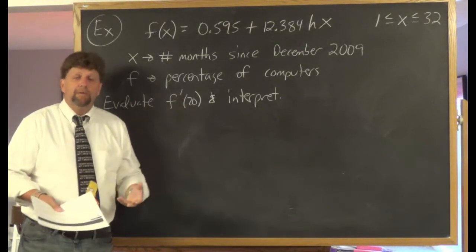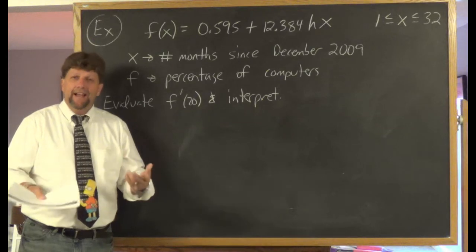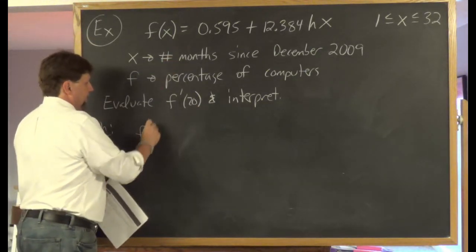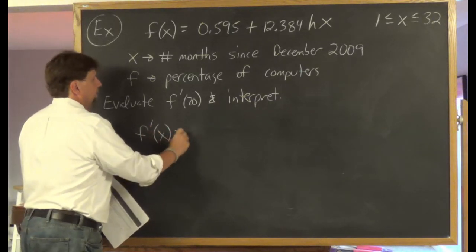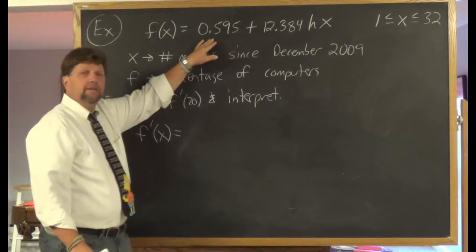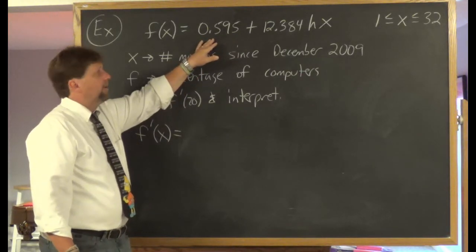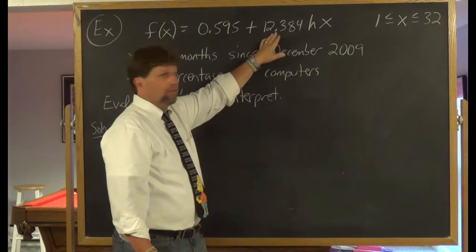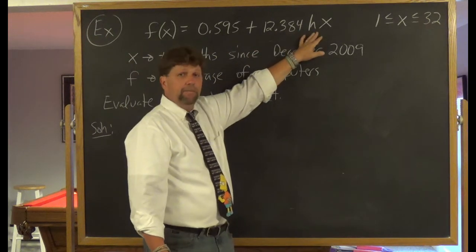Well, in order to do f prime of 20, we first need to get f prime of x. So you look at your function and you need to compute the derivative of the function. That's a constant, so the derivative of a constant is 0. And then way down here you have the constant multiple rule, constant times a function.